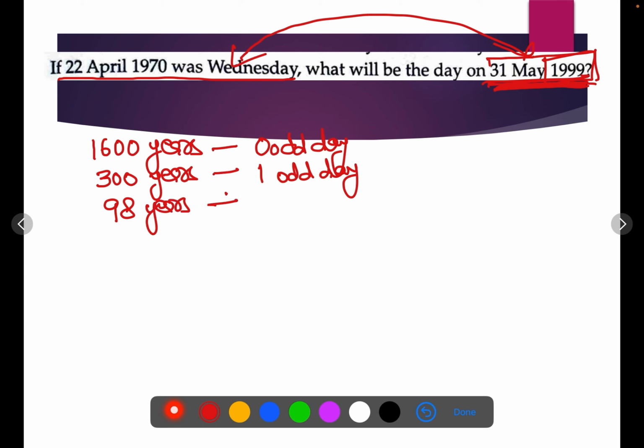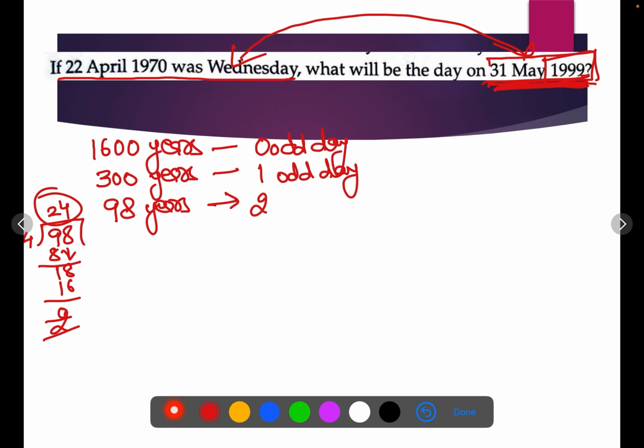So 98 years means how many leap years? Definitely 98 years means there will be some leap year and there will be some non-leap year. So let's divide 98 by 4. If you divide it by 4, what do you get? My quotient is 24.